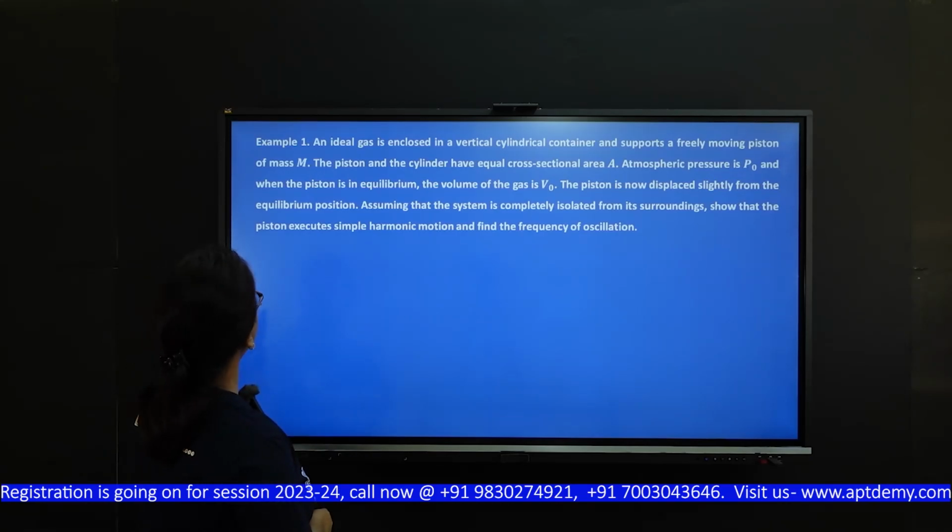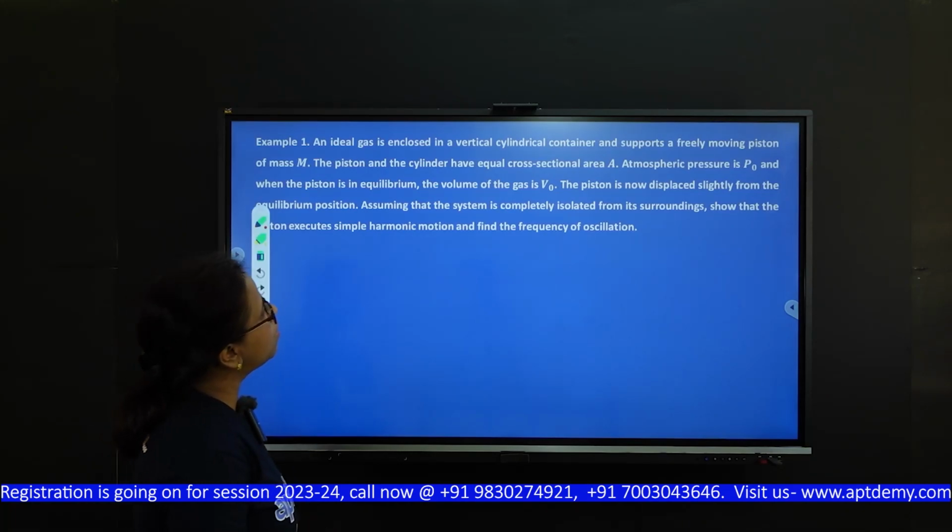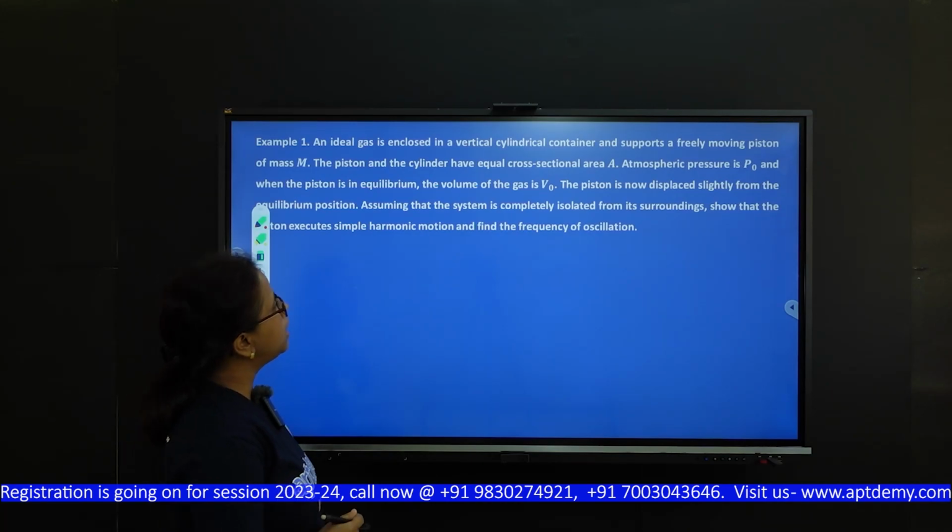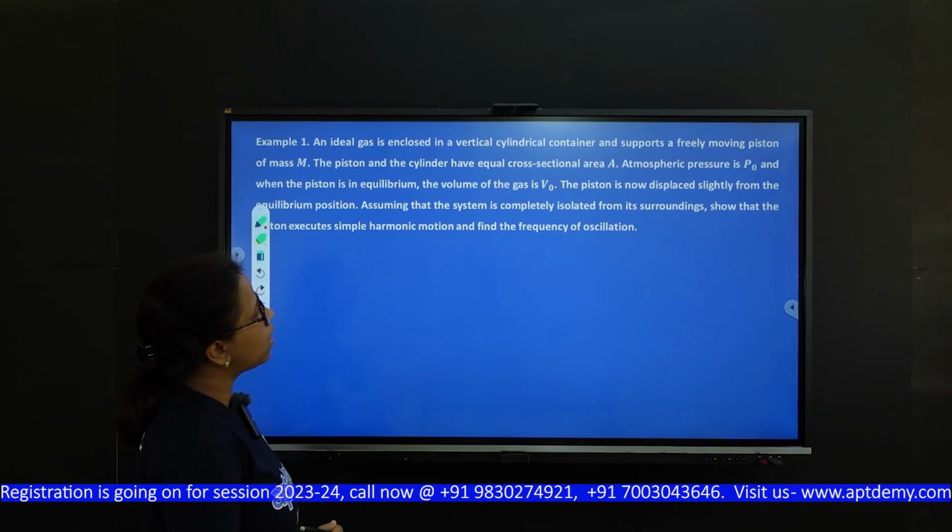So let's begin. An ideal gas is enclosed in a vertical cylindrical container and supports a freely moving piston of mass m. The piston and the cylinder have equal cross-sectional area A. Atmospheric pressure is P0 and when the piston is in equilibrium, the volume of the gas is V0.